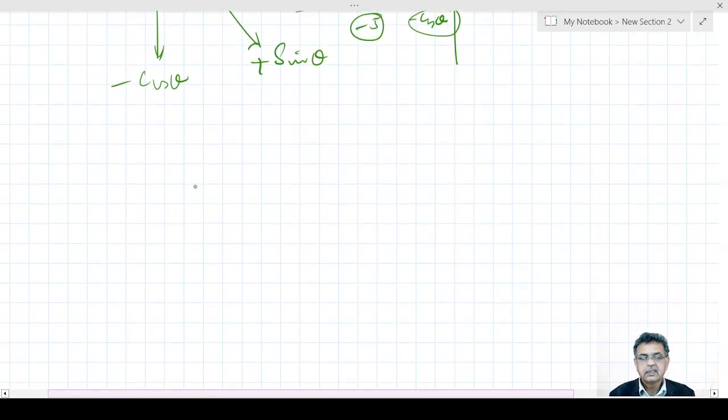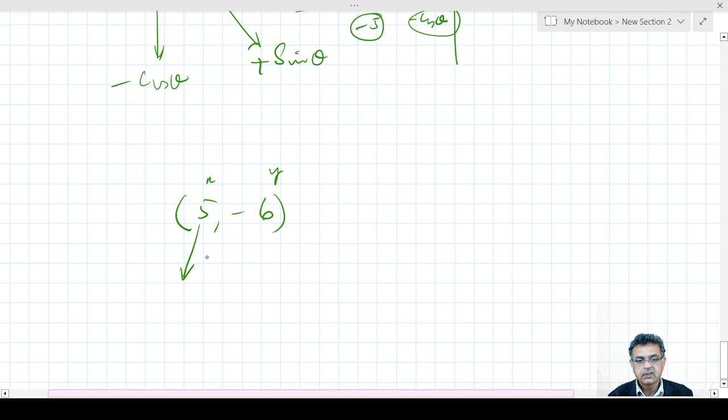Okay, if we consider any other point like 5, minus 6. Wherever it is, in whichever quadrant it is, from here this is the x coordinate, this is the y coordinate.